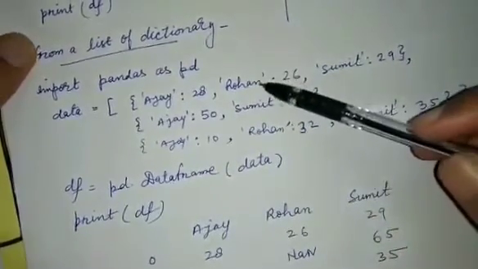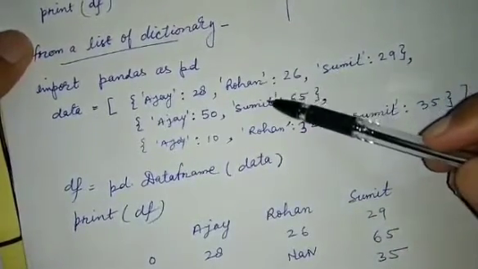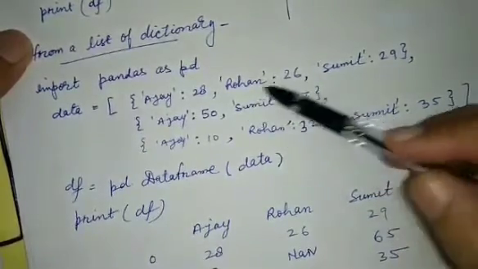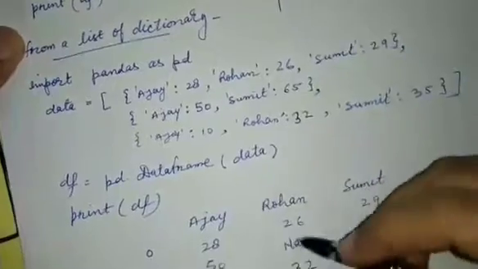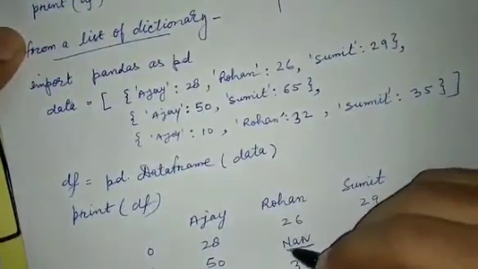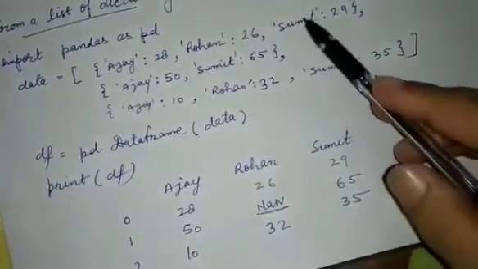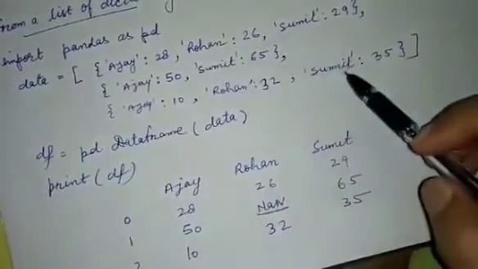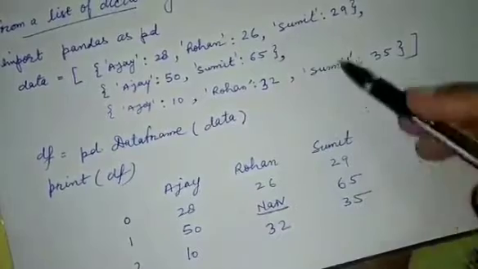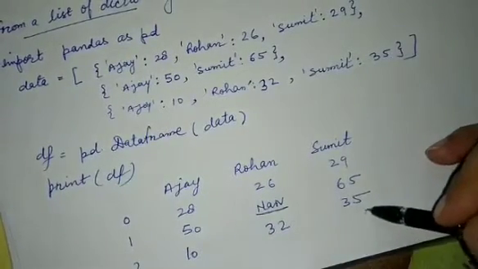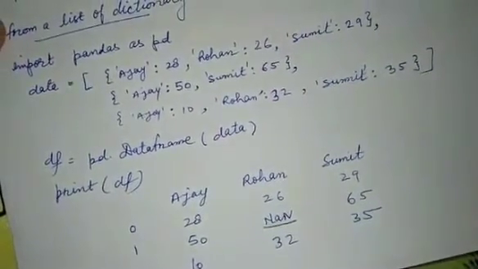But when we talk about the Rohan key, you have no value in the second element for Rohan, so it will be given NaN, not a number. The Sumit value is in all the three elements, so you have all the three values. So this is how to create a data frame using a list of dictionaries.